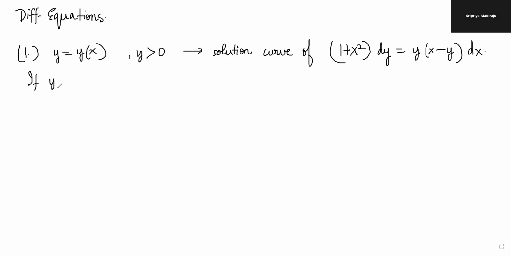If y of 0 is 1 and y of 2 root 2 is beta, then you have to find the value of beta. So that is the first question.